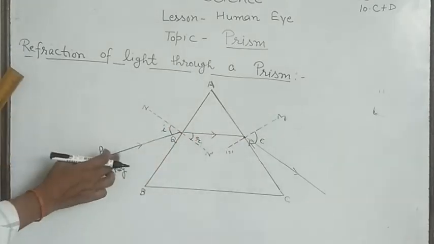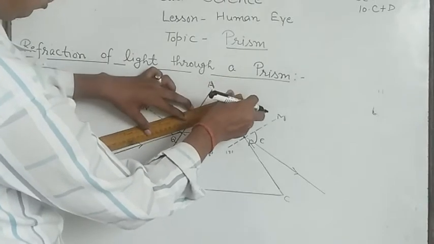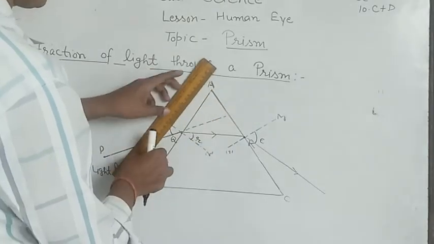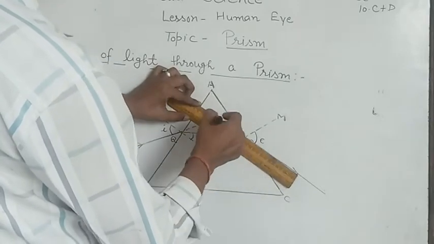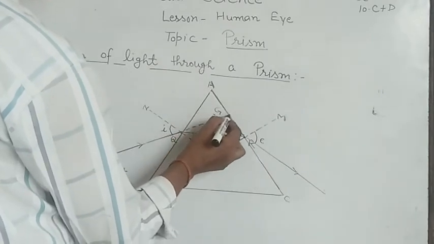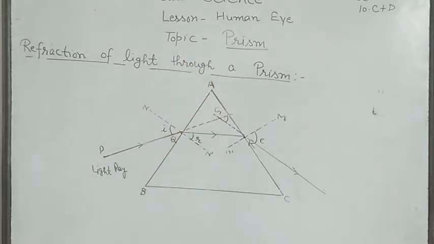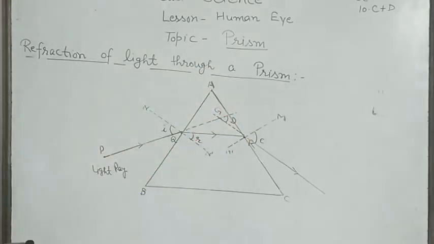The incident ray and the emergent ray both intersect each other at a point G and form an angle called the angle of deviation. The angle of deviation is denoted or represented by the letter D.